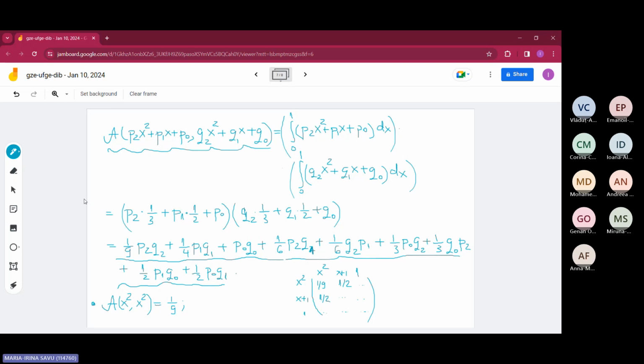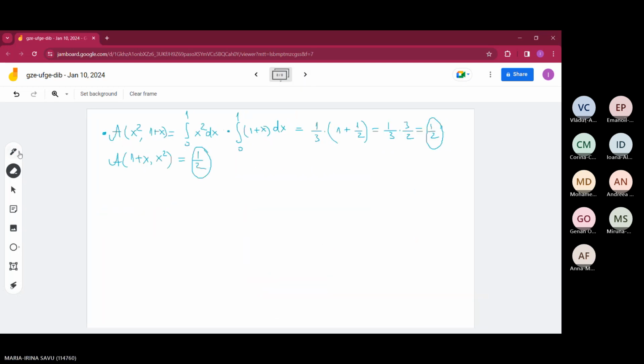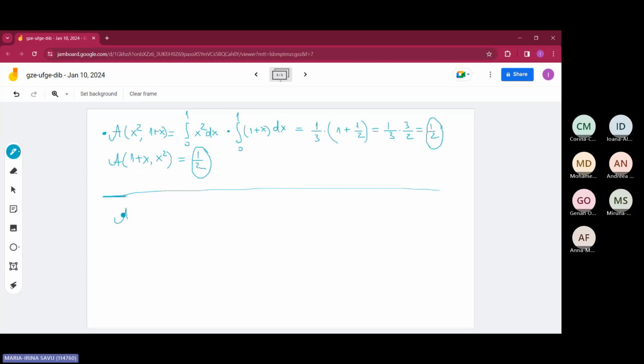So let me write in this way. I don't think that my writing here is so explicit. Let me write in the following way. So the idea is the following. I want to find the matrix of A with respect to the basis B1, which will be denoted by A prime.